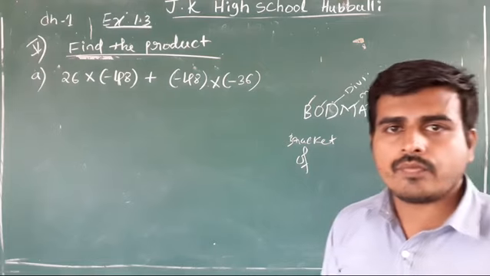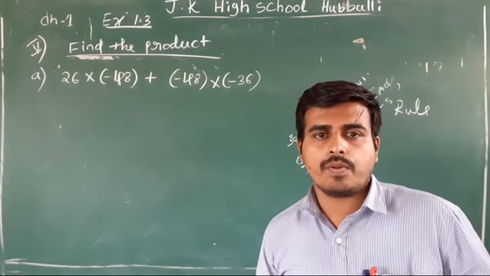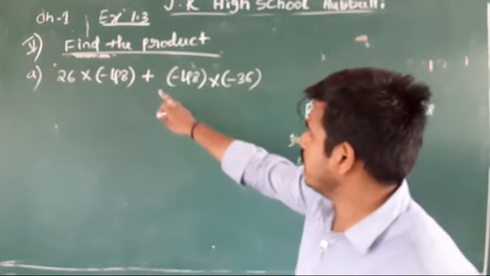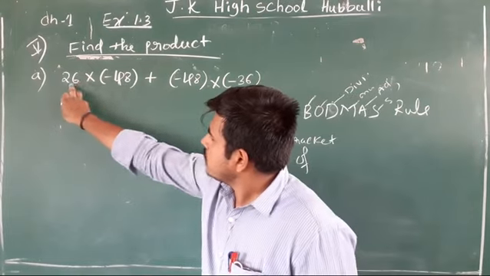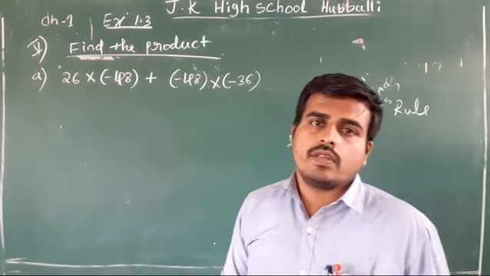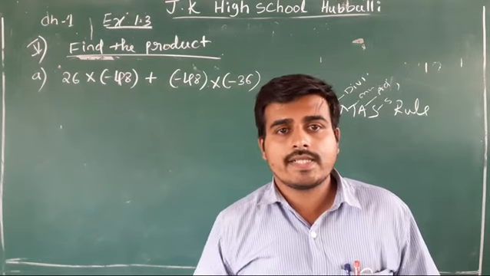Means this is the order of preference. If you continuously have many operations, for example here plus is also there, in between these two multiplication is also there. Which operation you are going to do first? That decides the answer.